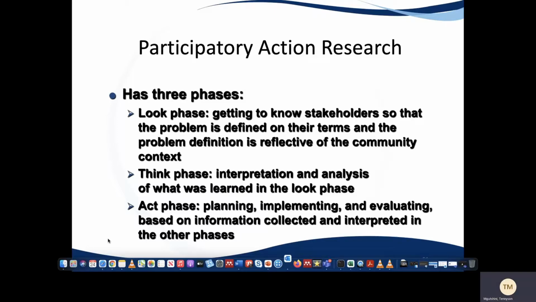So then the think phase is also that point where everything that people have seen and their understanding of the problem allows them an opportunity to now devise methodologies that they will use to better understand what's going on and so forth. Then the act phase is when actually their understanding of the problem, their understanding of issues related to the problem becomes a basis for them negotiating particular types of actions that they will evaluate systematically, improve on, and so forth.